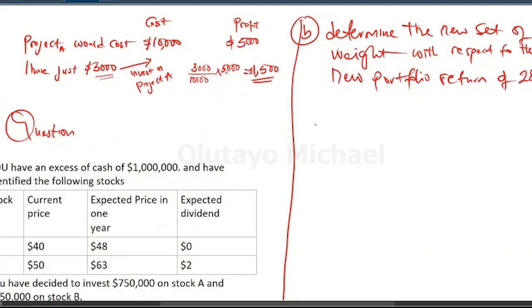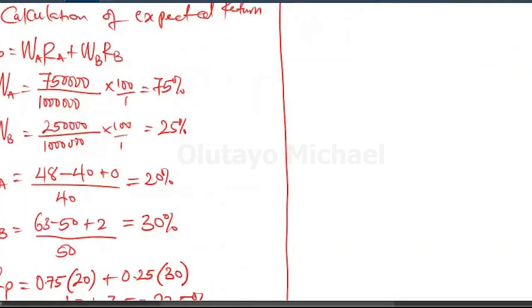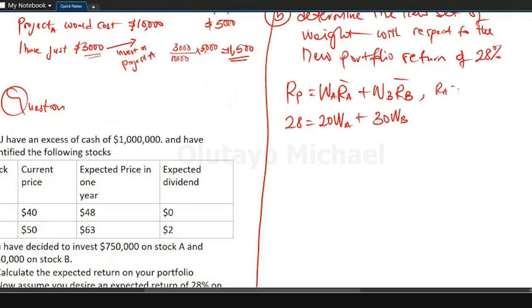Instead of saying RP equals weight of A times the return of A plus weight of B times return of B, what we are going to have is 28 equals 20 WA plus 30 WB, because RA equals 20 and RB equals 30.